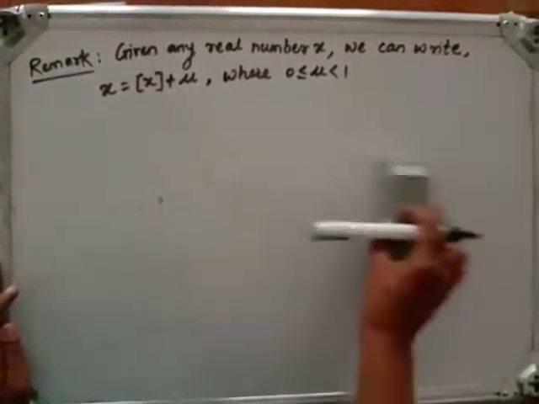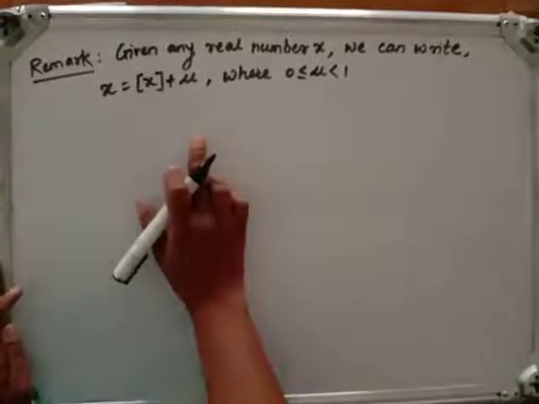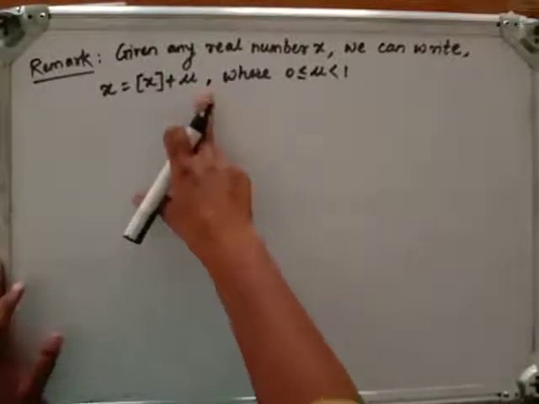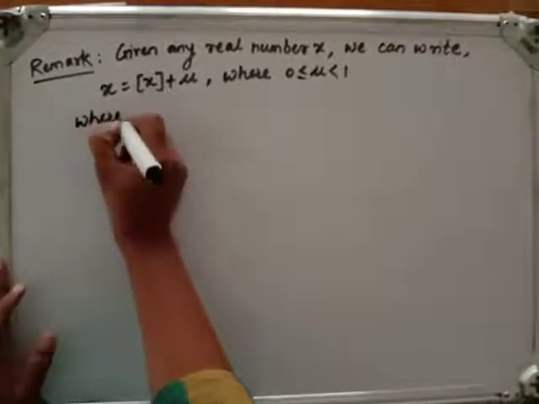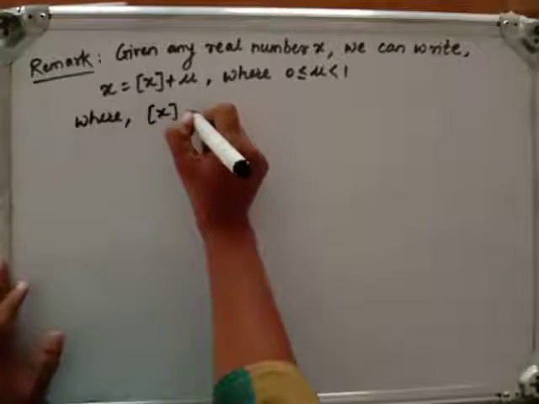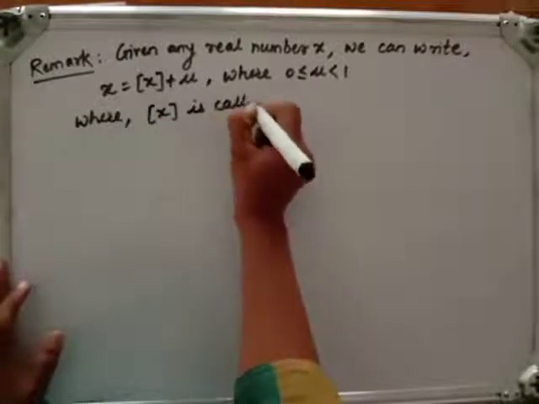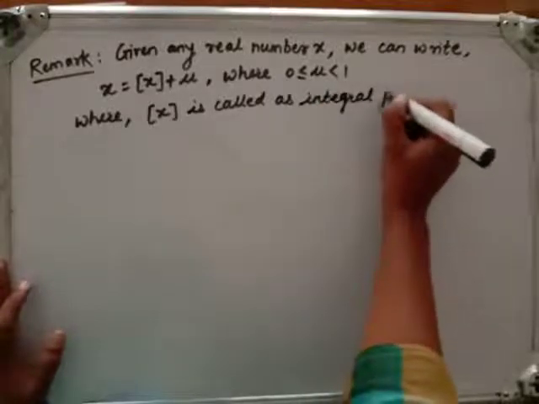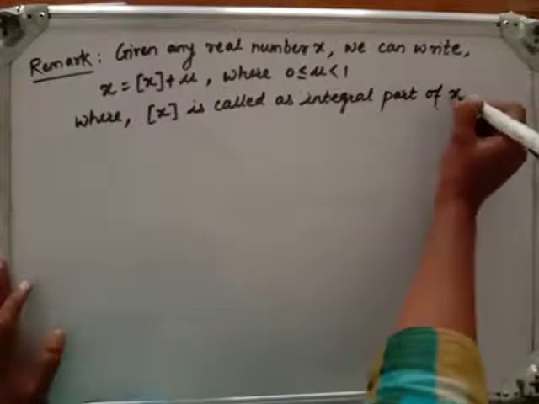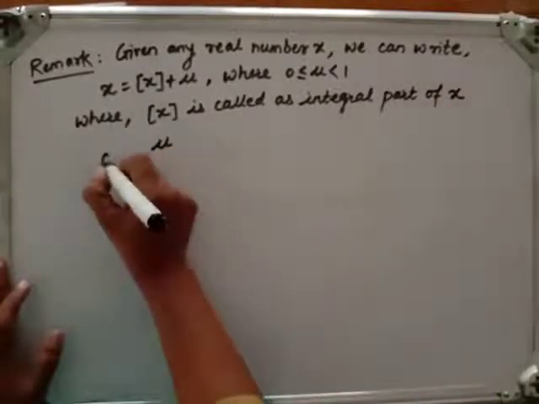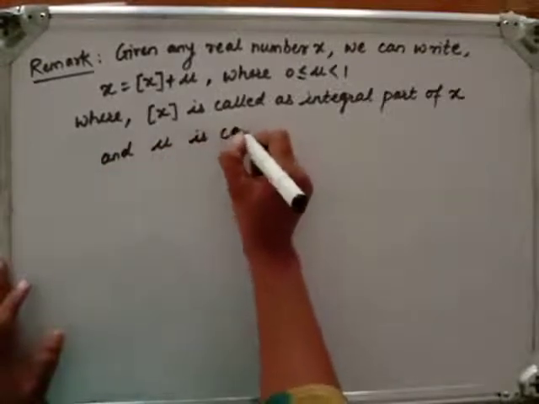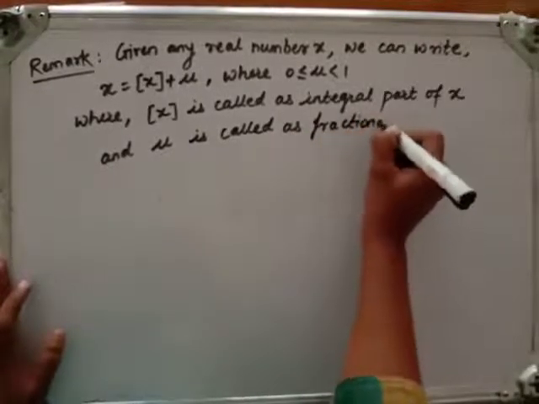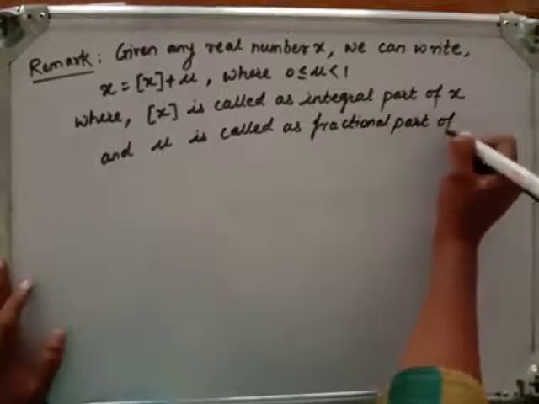So for any real number x, we can write that real number as x equal to the greatest integer plus some non-negative number, where the greatest integer is called the integral part of x, and this mu is called the fractional part of x.